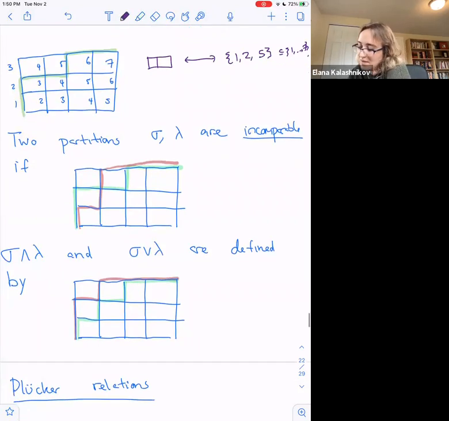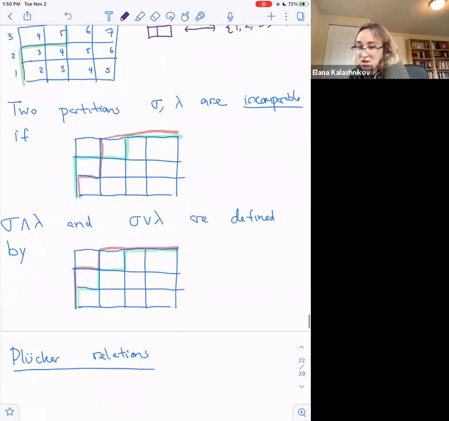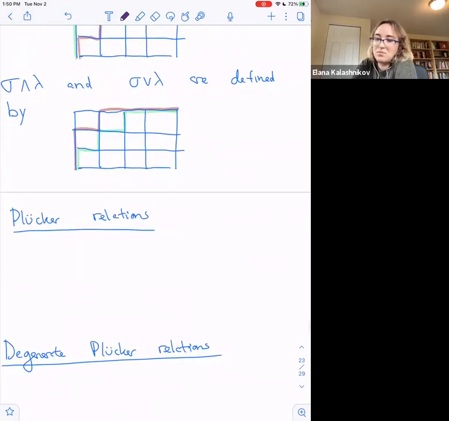So these are going to be leading terms of your Plücker relations. Plücker relations look like 0 is equal to p sigma times p lambda, where sigma and lambda are an incomparable pair. And then the next term is going to be the binomial corresponding to their max and min. And then you have a bunch of other terms as well.